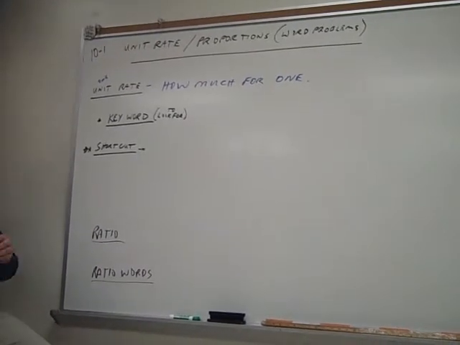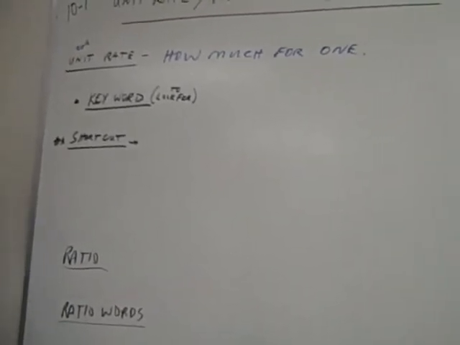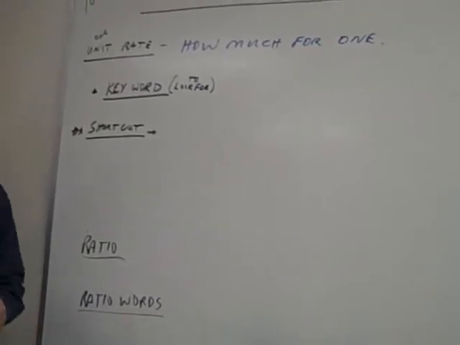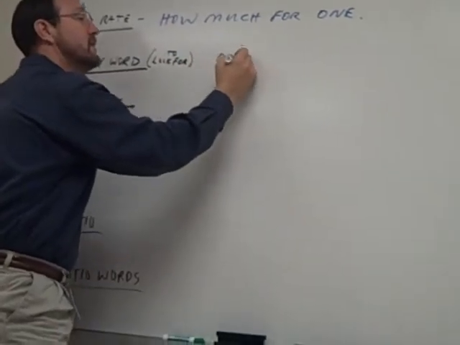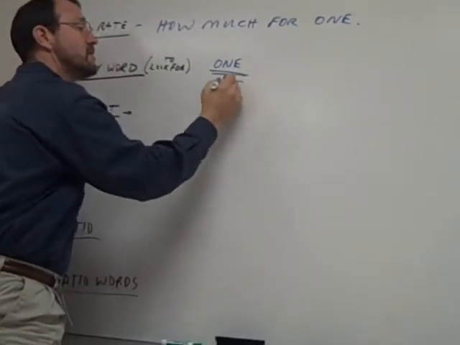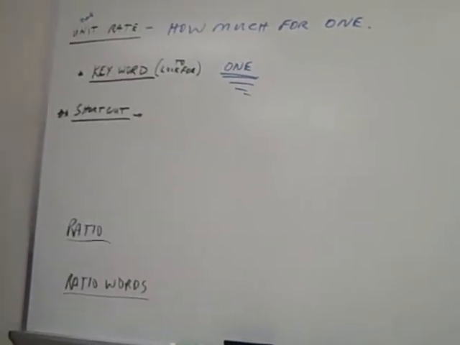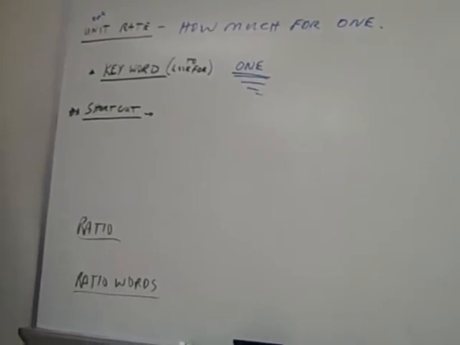The key words you look for in any word problem that's talking about unit rate, well, first is unit rate. Right? But sometimes they ask the question without saying unit rate or using the word rate. They just say, how much for one? How much is it going to cost to get one?